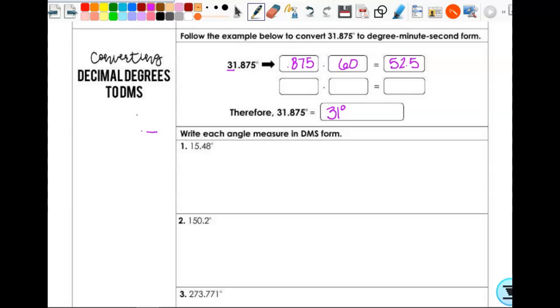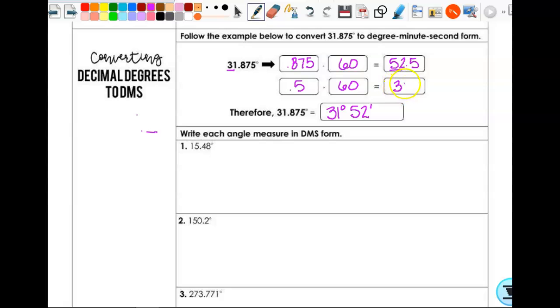All right, so basically this gives me 52.5 minutes, but I don't want that as a decimal, so that'll be my 52 minutes. I've used this 52 part, so I have that 0.5 left over. Take the decimal again, multiply that by 60 to get my seconds, and what is 0.5 times 60? You don't need a calculator for that. 30.